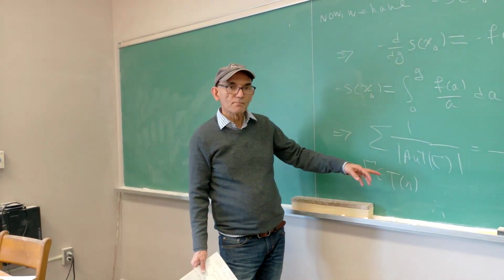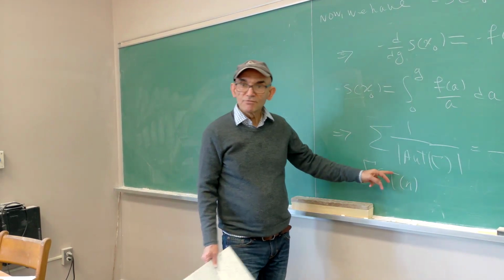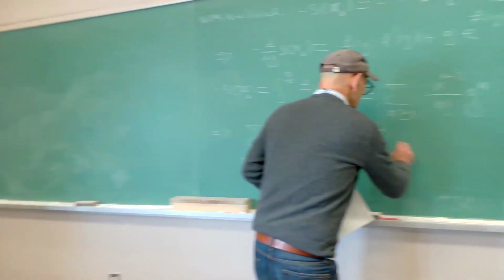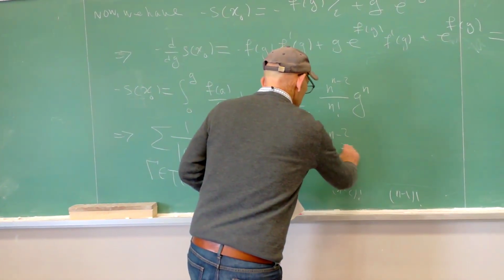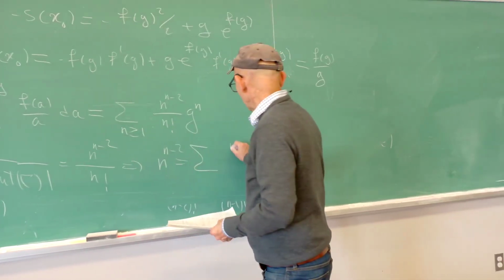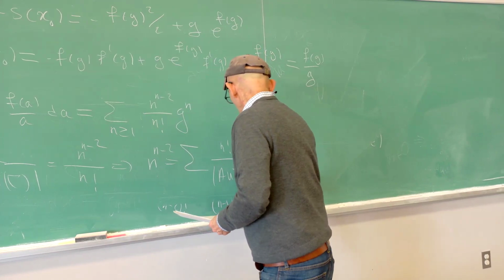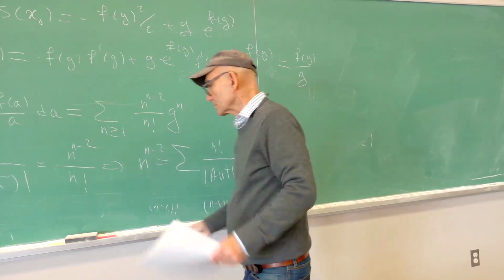Now if you bring it to the left-hand side and divide, the sum of n factorial over the order of automorphisms of gamma.